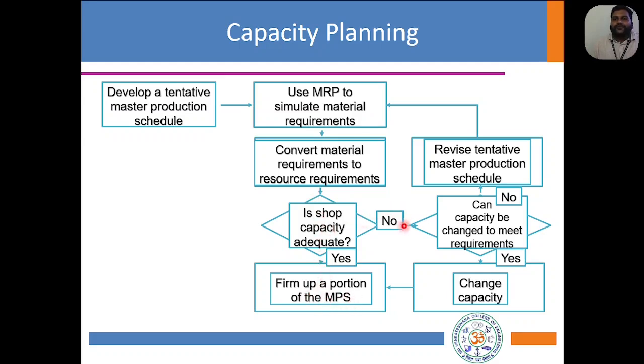If not, can capacity be changed to meet the requirements? If yes, change the capacity and go back. If no, we have to revise the tentative master production schedule, which is then fed to the MRP at the initial stage itself. So based on whatever capacity we have, capacity planning is done using MRP.